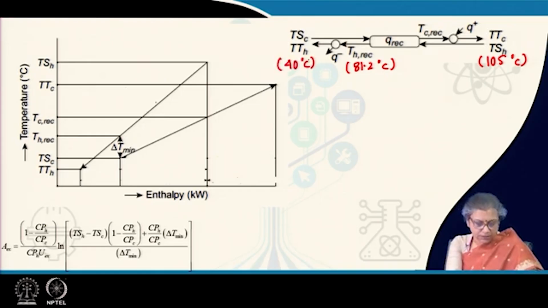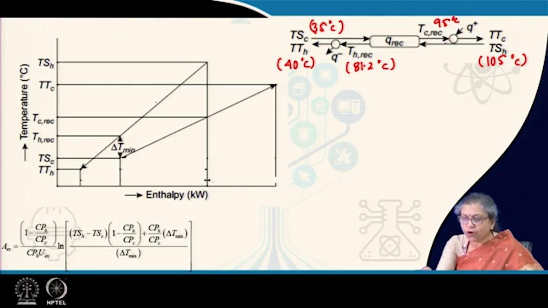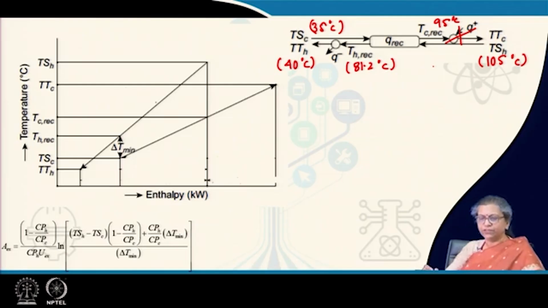The cold stream was the feed stream, which was at 35 degree centigrade, and after heat recovery it attained 95 degree centigrade. Normally, if the entire heat cannot be recovered, then we also need a heat exchanger to heat the cold stream to the extent which could not be heated by the hot stream. In this particular case, we did not need it. So this was the exact problem that we did.